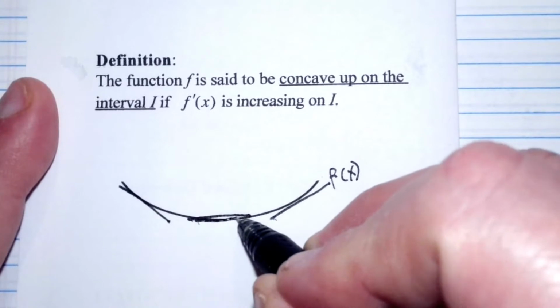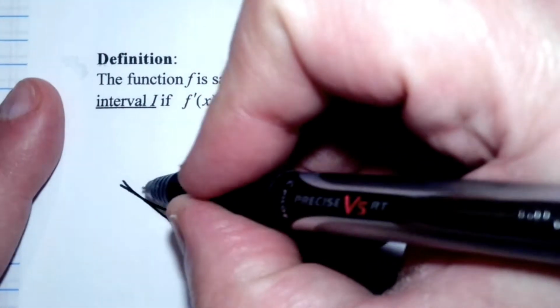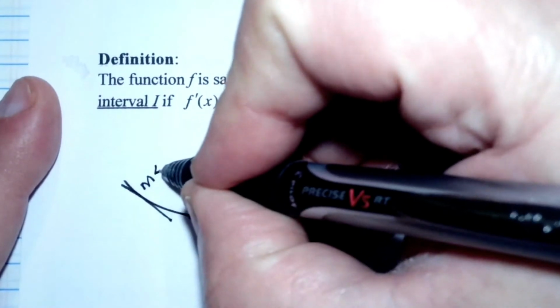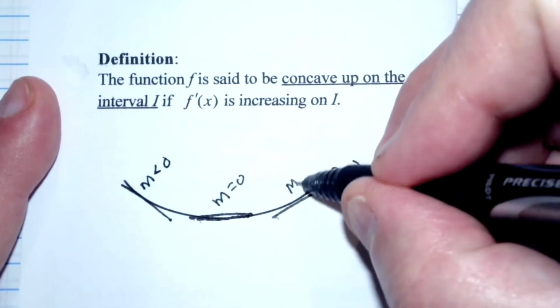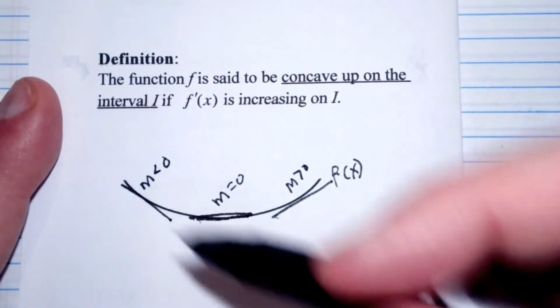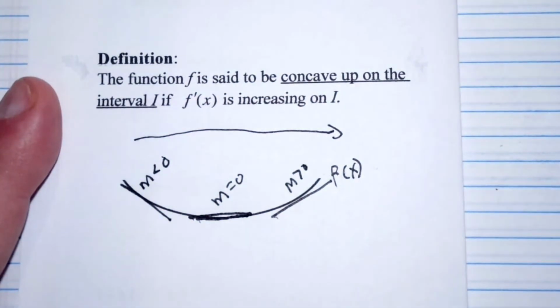I couldn't see what I was drawing, so I drew it higher than it should have been. But anyway, here the slope is negative, here the slope is approximately 0, and here the slope is positive. So as we go from left to right, the slope is getting bigger, the slope is increasing. Well, that means the derivative is increasing.